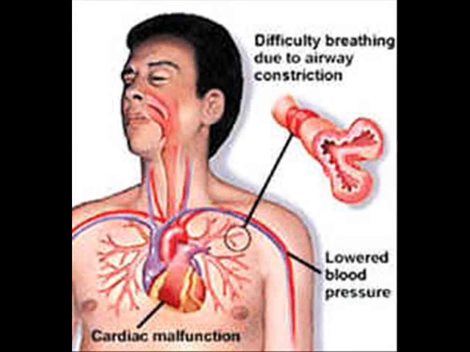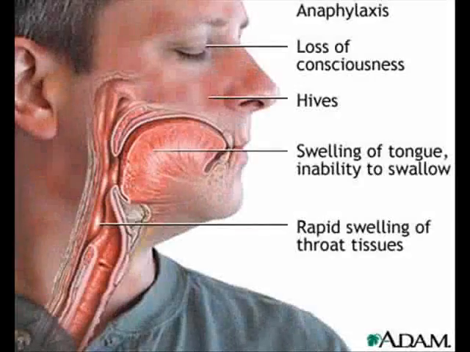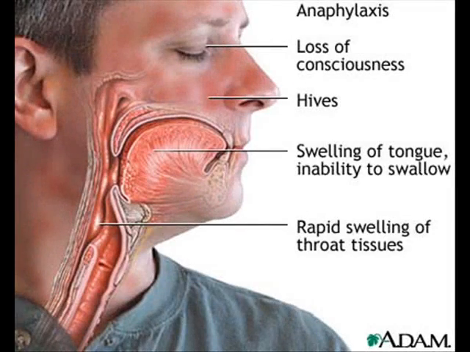Coronary vessels constrict, causing severe cardiac depression. Smooth muscle constricts, causing bronchoconstriction, intestinal, urinary bladder, and uterine constriction. Along with these more critical reactions, biochemical mediators also cause excessive mucus secretion, inflammation, and cutaneous reactions, further complicating matters.